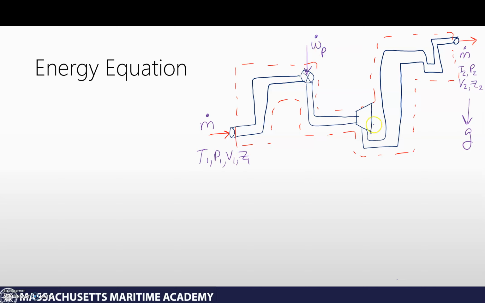I have a turbine, I'm extracting some work out of the turbine. And the last two things that I have: some heat energy coming from the surroundings that is bleeding into the system. This could also be energy going the other way, bleeding out into the surroundings, but it doesn't really matter because it's just a sign change at that point.